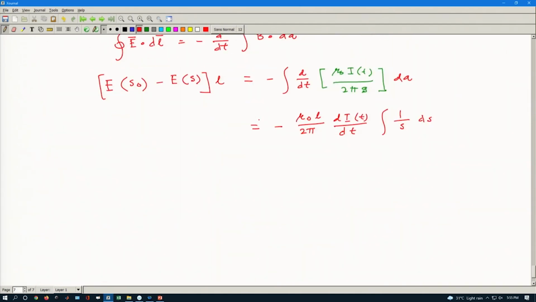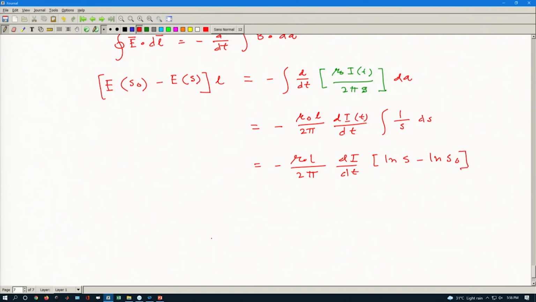Now, if I simply integrate, I am going to get the result. It should be minus mu 0 L divided by 2 pi, and then dI/dt, and it is a log function, so I have ln S minus ln S0, the reference distance.